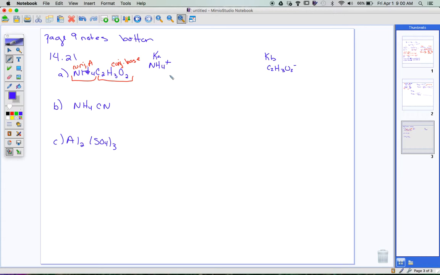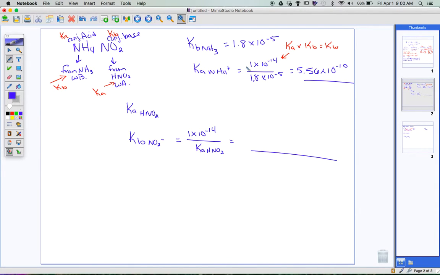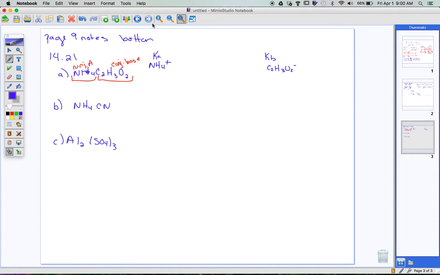So we've already found the NH4 plus on the previous slide: 5.56 times 10 to the negative 10th. That will be the Ka for the NH4 plus. And the Kb for the acetate, we will have to go look up. If you go look up the Ka for acetic acid in Appendix D, it's 1.8 times 10 to the negative 5th.